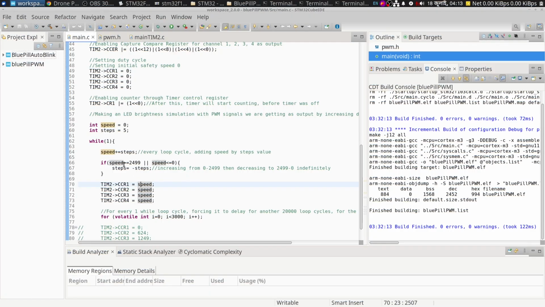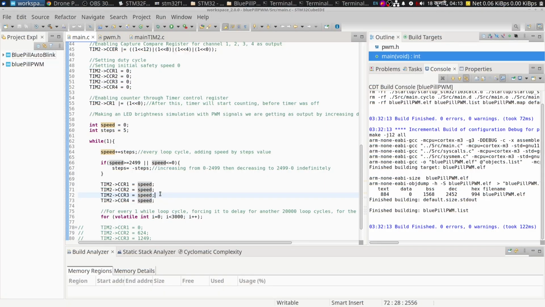And we are giving the dynamic speed for every LED. We are giving a dynamic value so that it creates a simulation from dim to higher brightness to dim. Since I don't have the BLDC motor or ESC at this moment, I tried to simulate this pulse width modulation with my LEDs.